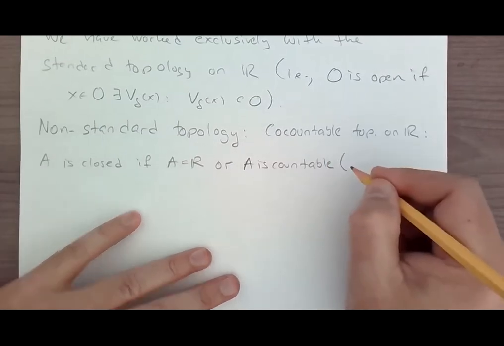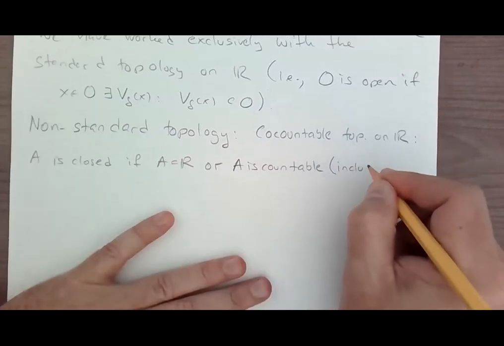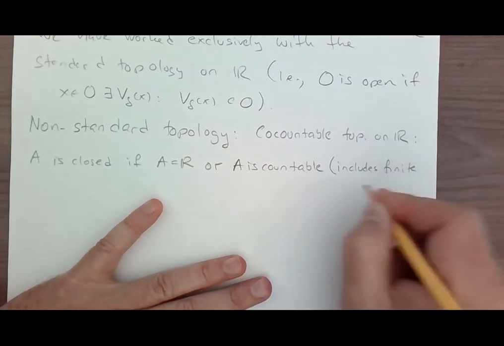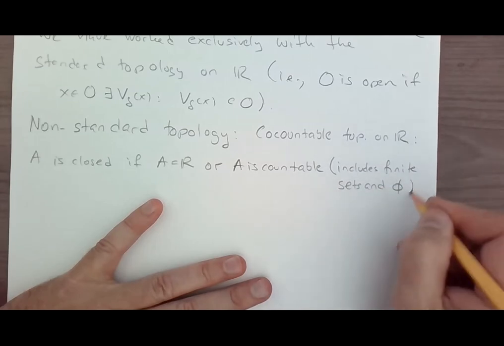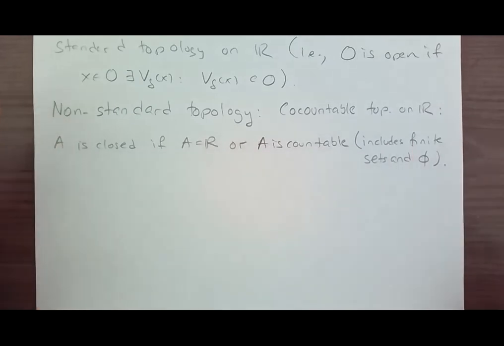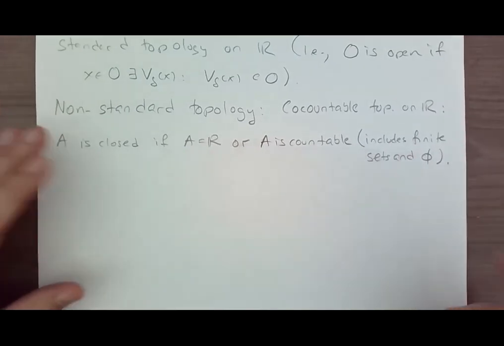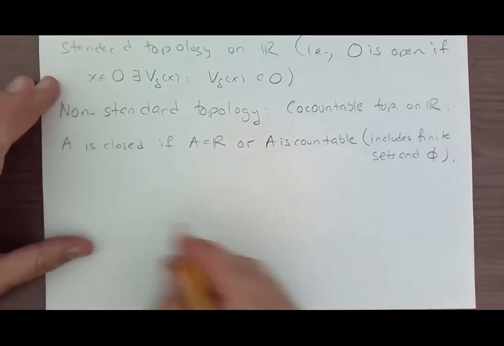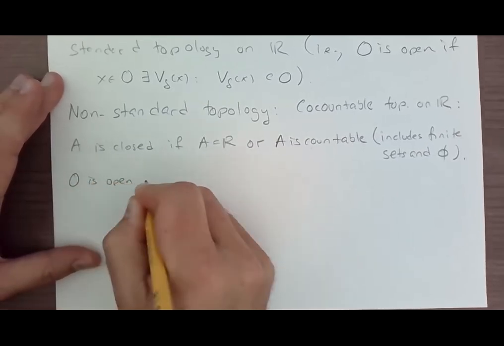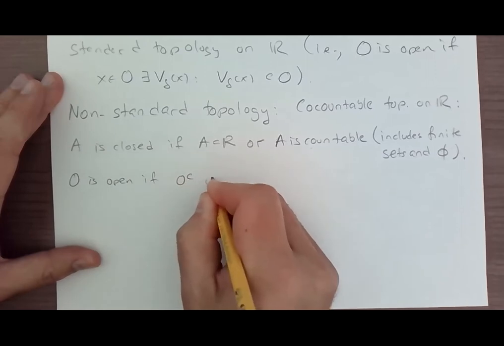And countable here includes finite sets and the empty set. So we're going to say that a set is closed if this is true. And then we say that O is open if the complement is closed.